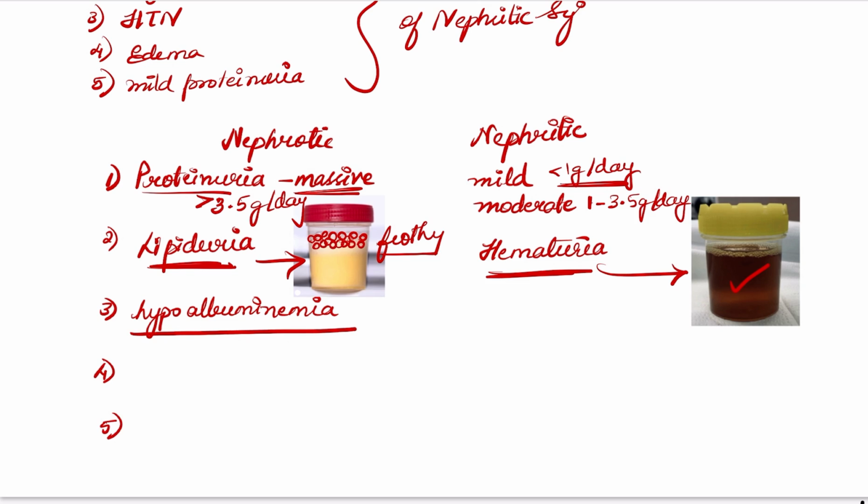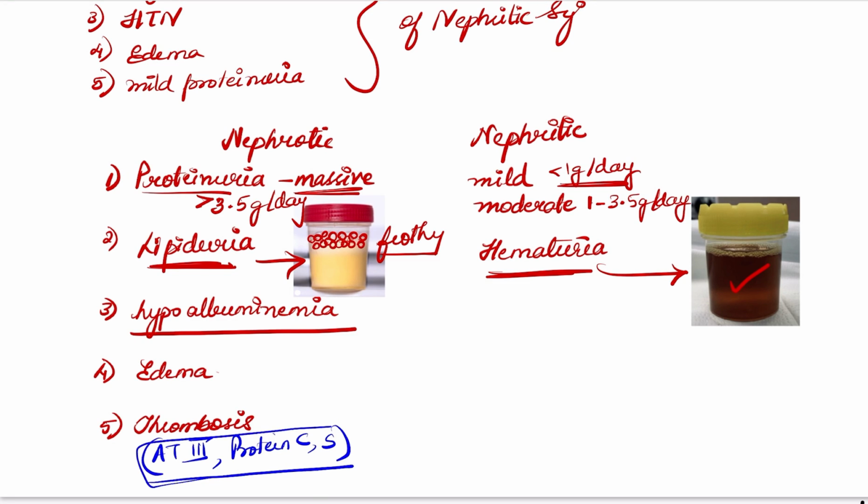There is hypoalbuminemia, and because of hypoalbuminemia, there is edema because of intravascular fluid shift, and there is thrombosis because all the proteins are lost. What all proteins can also be lost, like antithrombin 3, which is a natural anticoagulant, protein C, protein S, they are also lost in urine and they cannot be compensated by the liver.